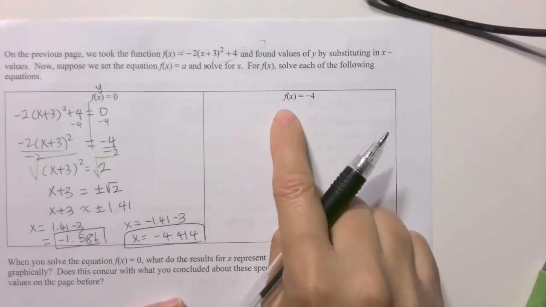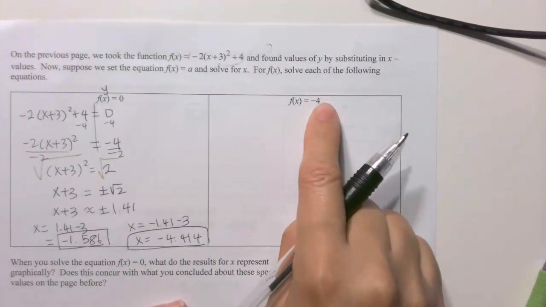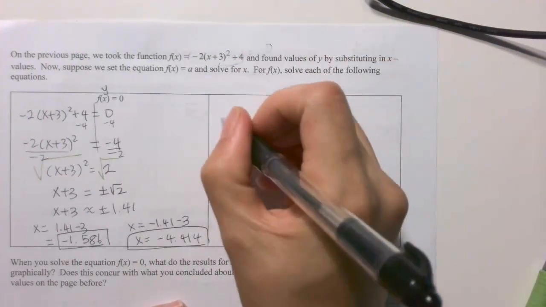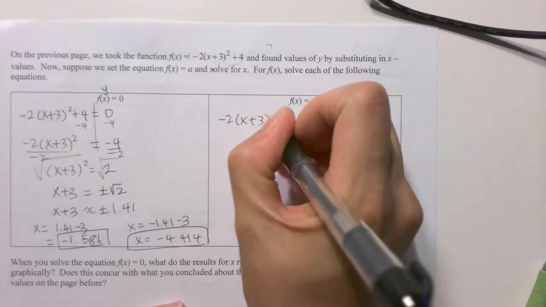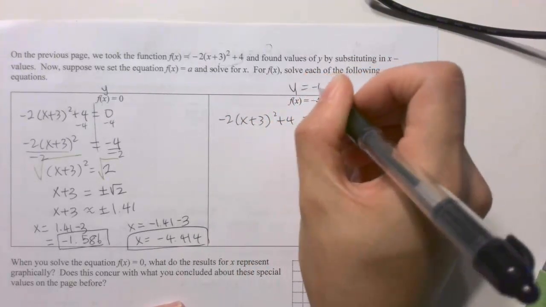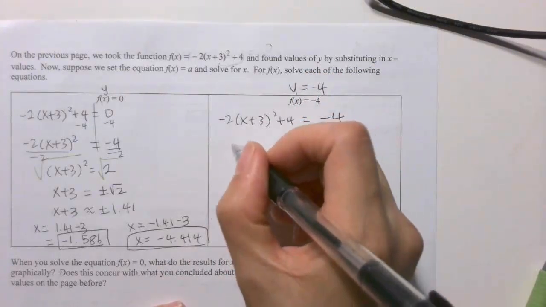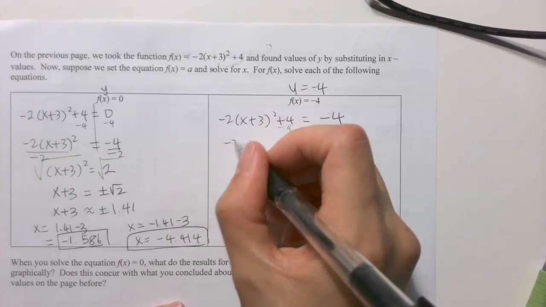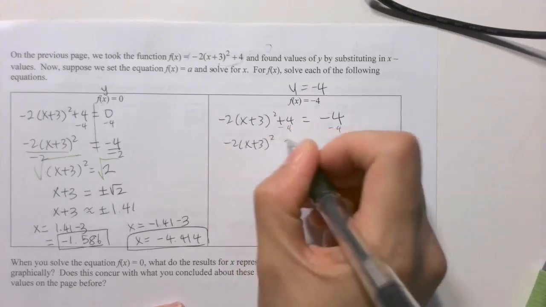Sometimes we can just set the y value equal to something else. In this case, the y value is equal to -4. So just like the left side, we can set it equal to -4. So y is -4. The process stays the same. Subtract 4 from both sides. I'm going to do it a little fast.